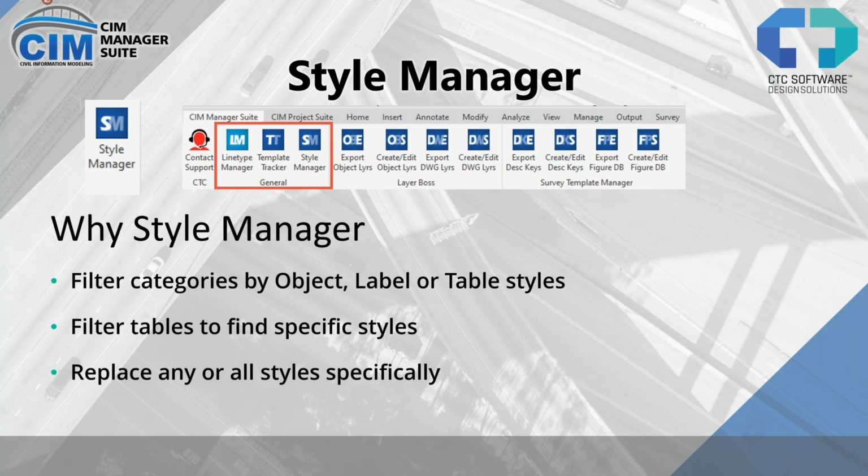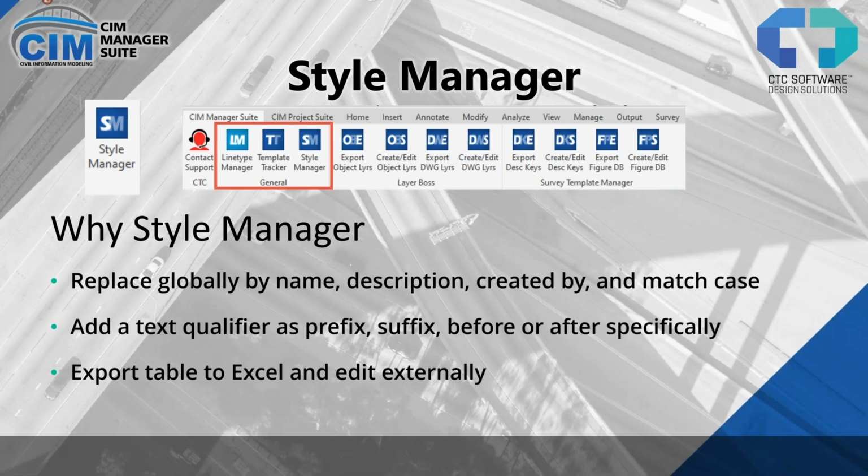We can replace any or all styles specifically. And we'll be showing some of that here shortly. So we can replace them globally by name, description, created by. We can match cases. We can add text qualifiers as prefixes or suffixes, or before or after a string of text.